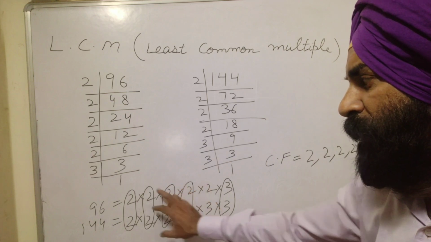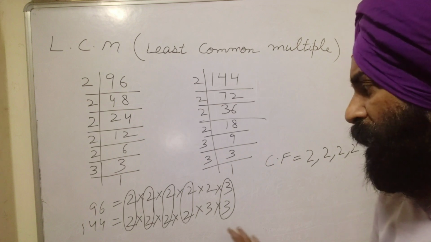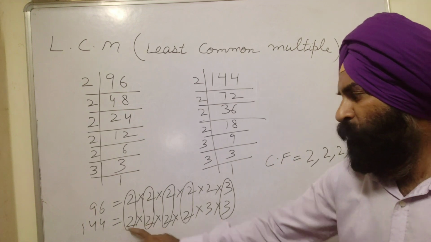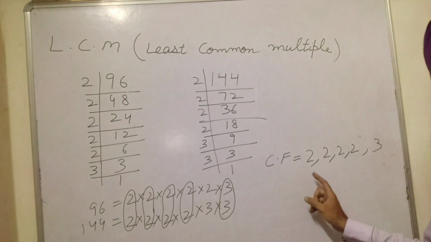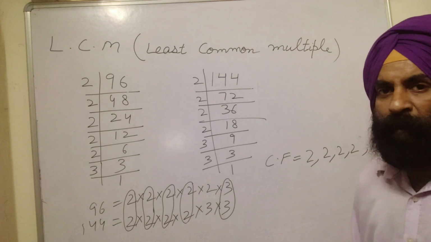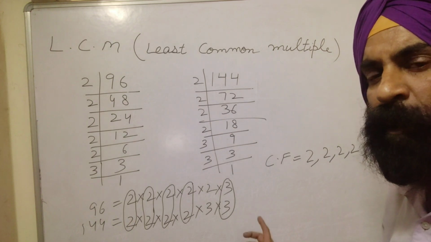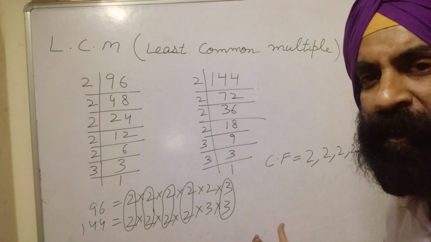Then what I have done, I have taken the common factors between both the numbers. So I have got 4 pairs of 2 common and 1 pair of 3 common. So I have written 4 times 2 and 1 times 3 here. So these are the common factors. As we have learned earlier, when we multiply all these common factors, we get the HCF of both the numbers.